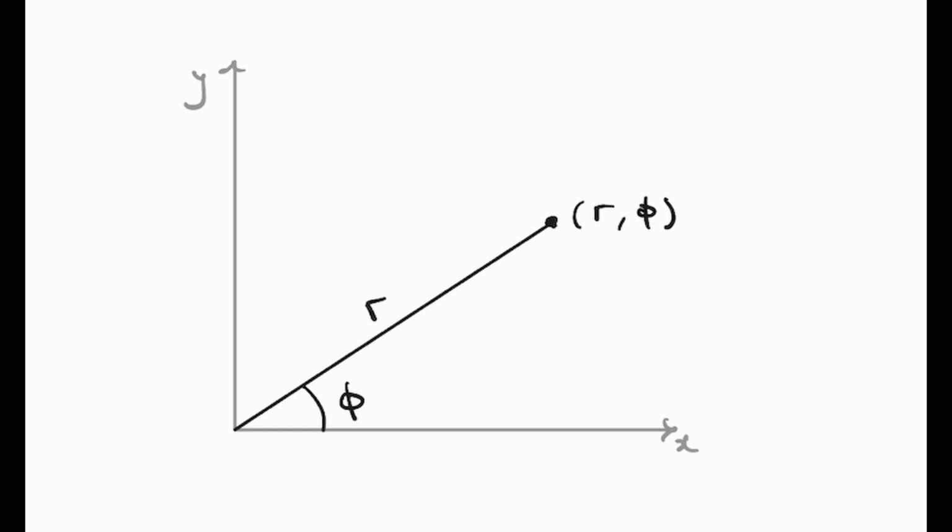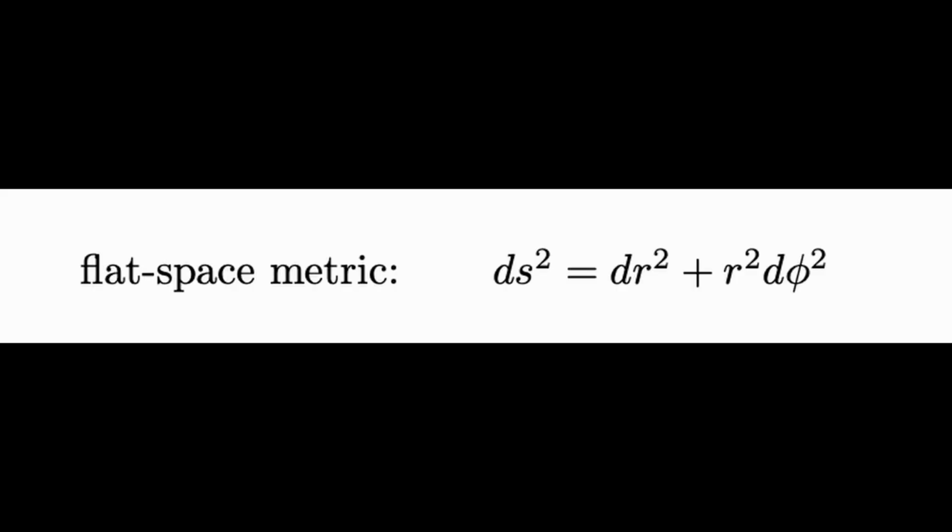There's another way to represent this called a metric. Metrics just tell us how to measure distances on different geometries. The flat plane metric is given by ds squared equals dr squared plus r squared d phi squared. In this notation, we see how infinitesimal changes in the radial or angular directions give rise to a small change in the total distance s.